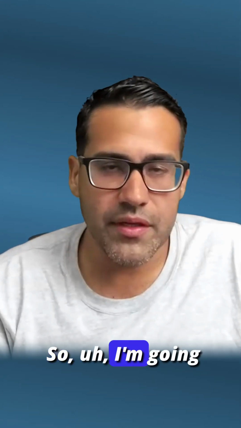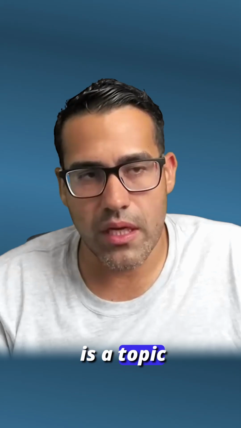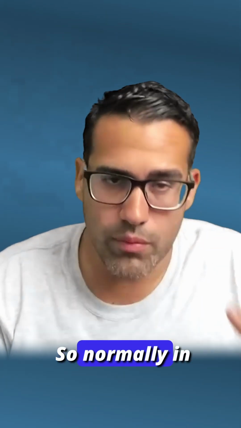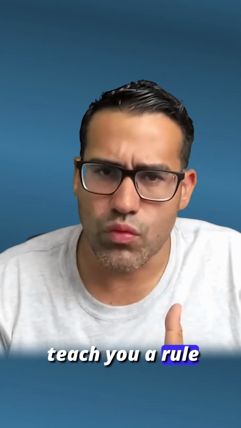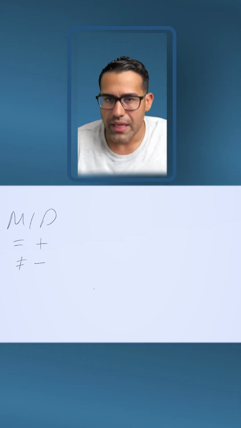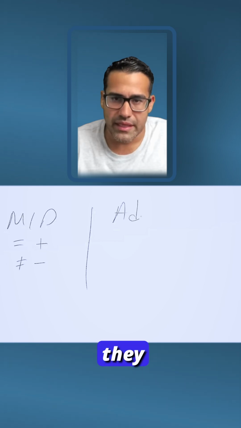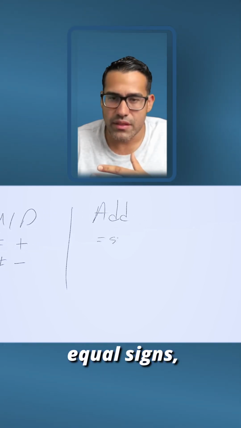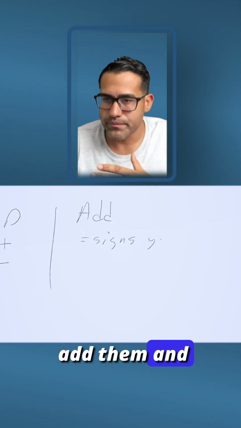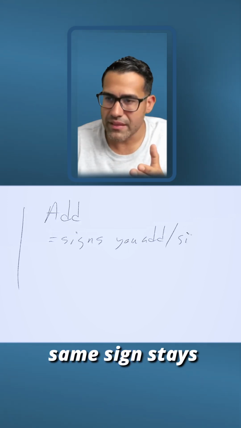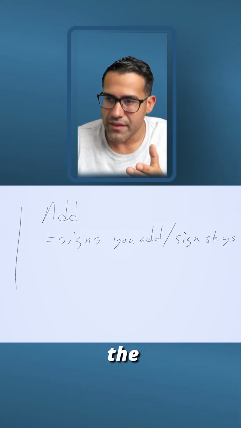So I'm going to use, for example, negatives and positives, which is a topic some students confront confusion because they mix the rules. So normally in schools, they teach you a rule that's multiplication and division. Some teachers will say equal sign positive, different sign negative. And then when you go to add, they have a rule that they say if they're equal signs, you add them and the sign stays the same.